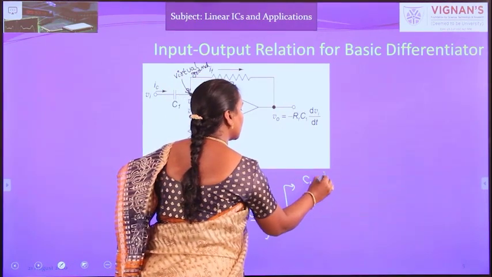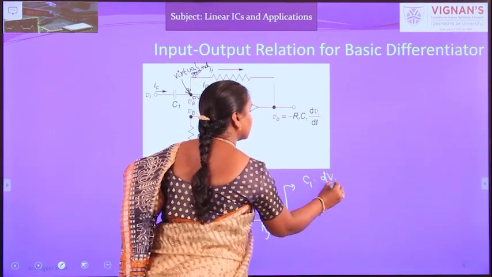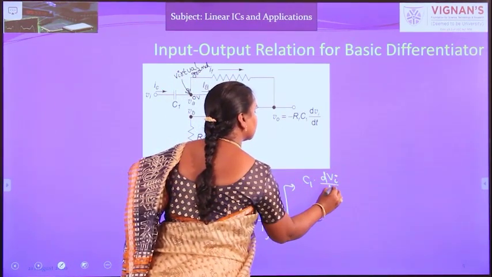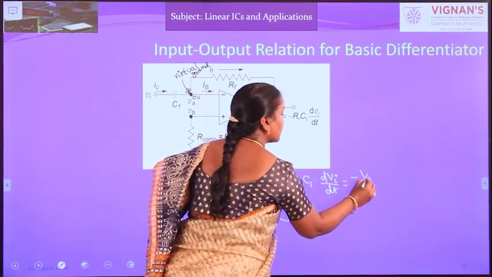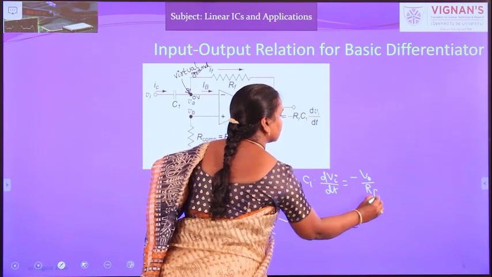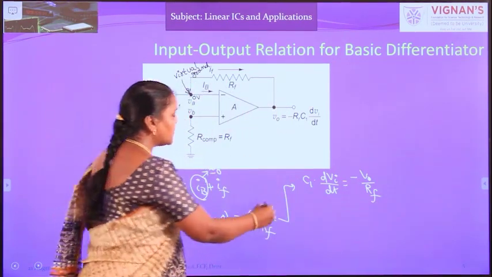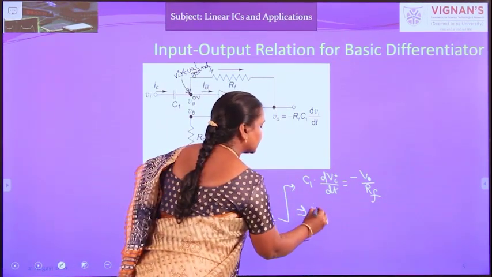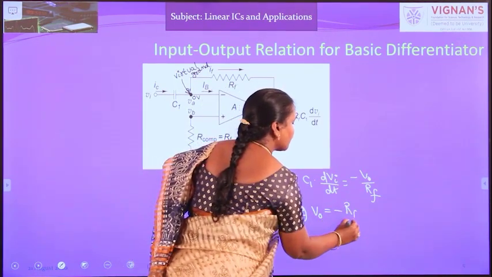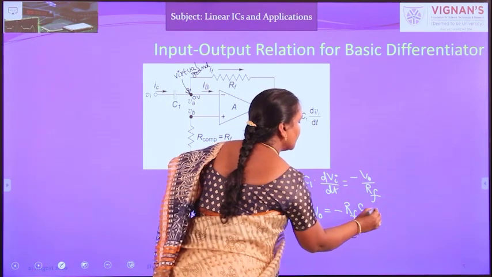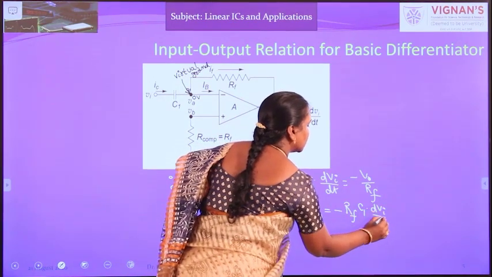C1 into dVi by dt is equal to minus V0 by RF. Right? So from this, what is V0? V0 is equal to minus RF C1 into dVi by dt.